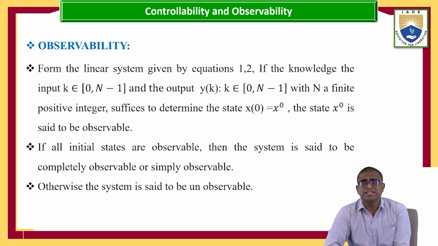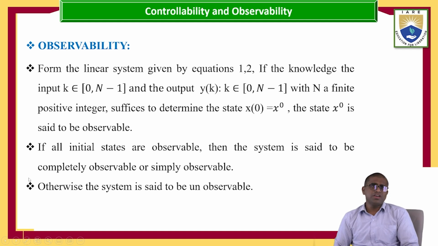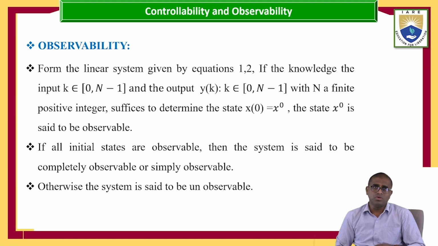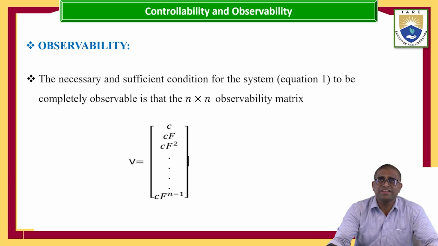The state is analyzed at the initial state x naught, and it is observable from the output section if all the initial conditions can be observed. Otherwise, it is unobservable.